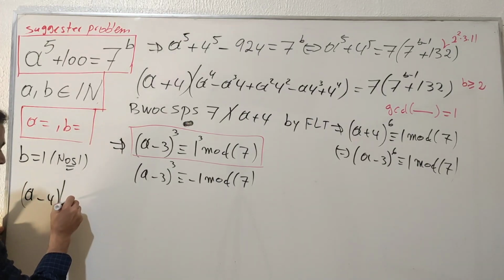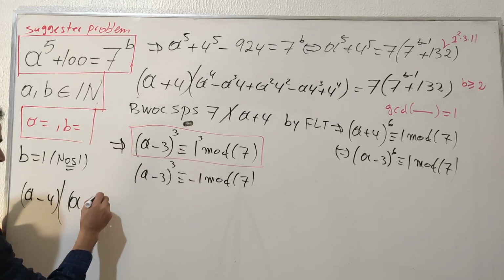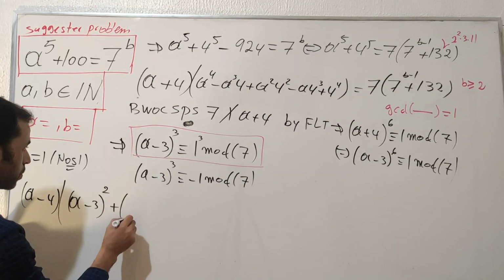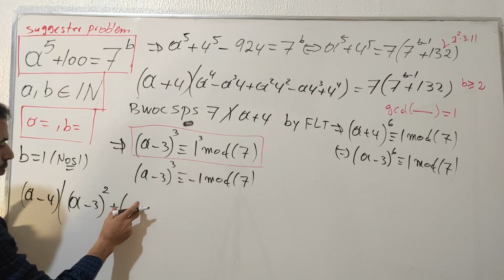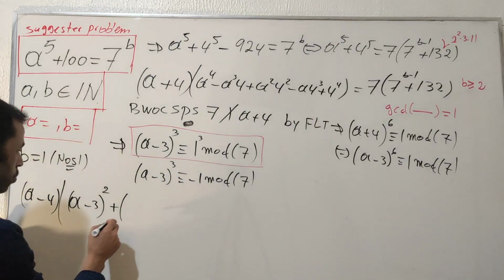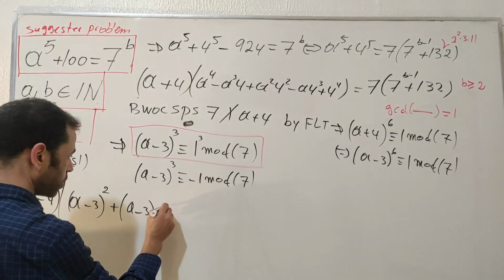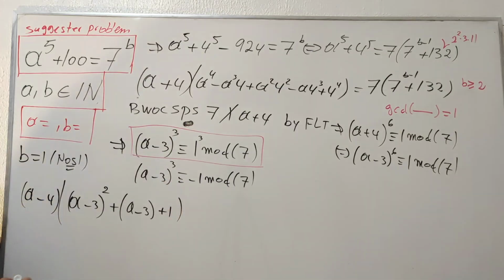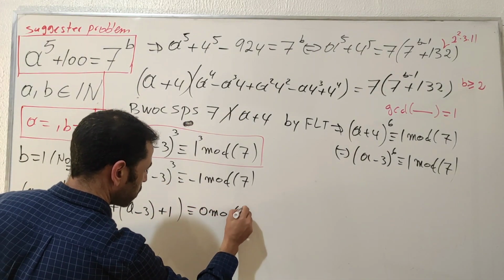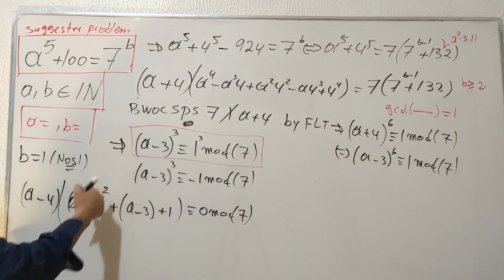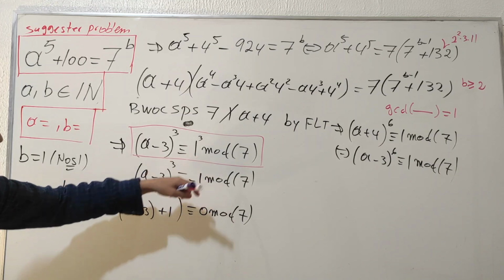Factor (a minus 3) squared plus, because I have a minus sign between two cubes, which means I'm going to keep the plus sign all the way down. So I will have (a minus 3) to the exponent 1 plus the number 1, which means (a minus 3) to the 0. This one is congruent to 0 mod 7. Because I have moved over this number 1, I will be left with 0 congruent to 0 mod 7.